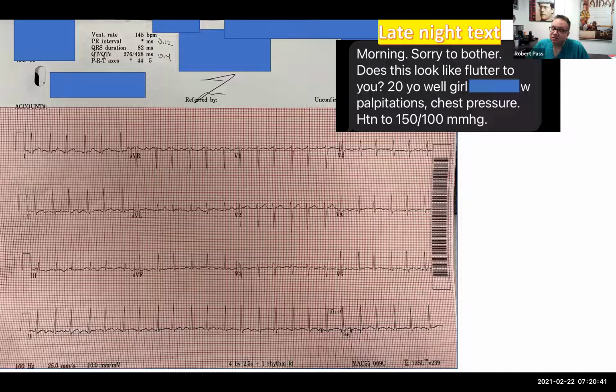Pheochromocytoma. Right, pheochromocytoma. So you would want to send urinary catechols, because when you see somebody who's tachycardic and you believe it's sinus, that's always in the differential. But you always want to see other evidence of high catechols, which would be high blood pressure. So this is a little worrisome.